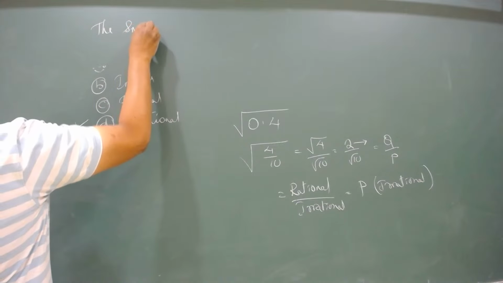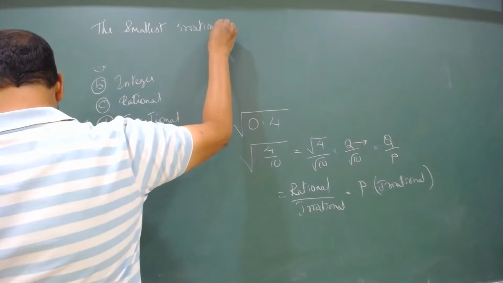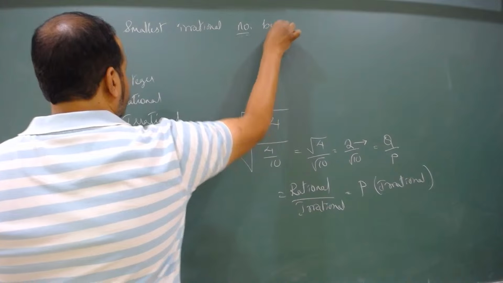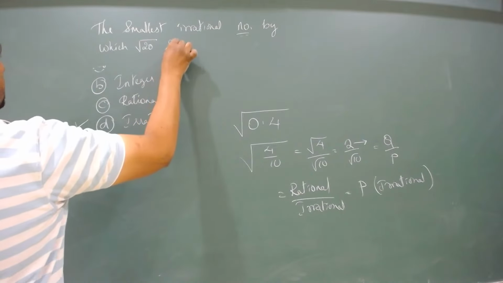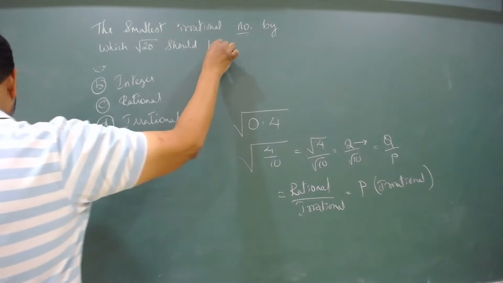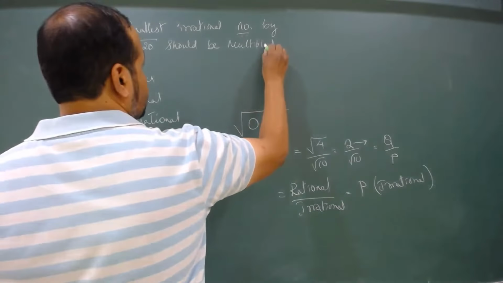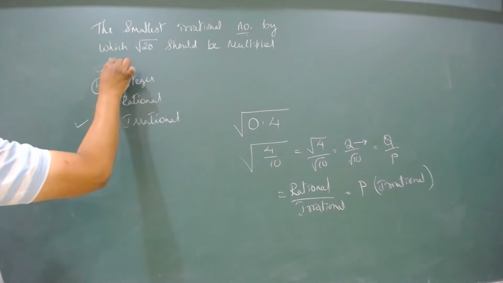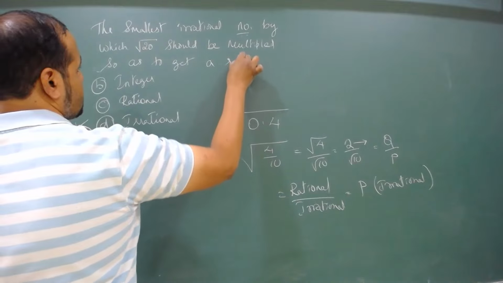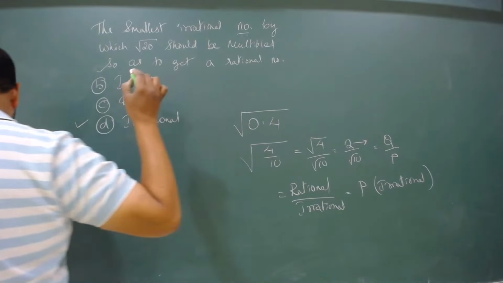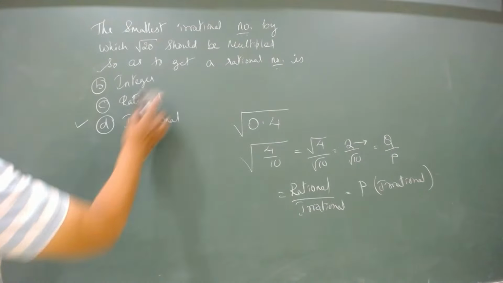The smallest irrational number by which root 20 should be multiplied so as to get a rational number is.